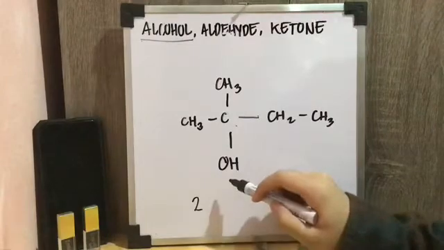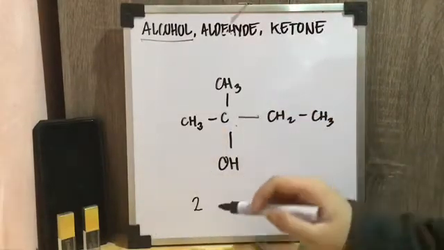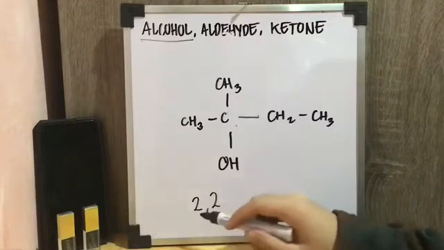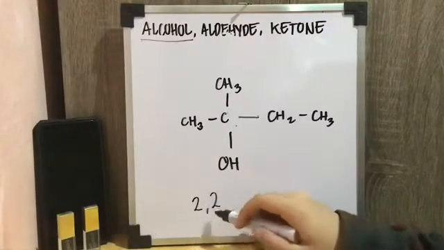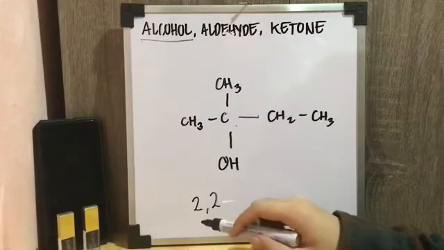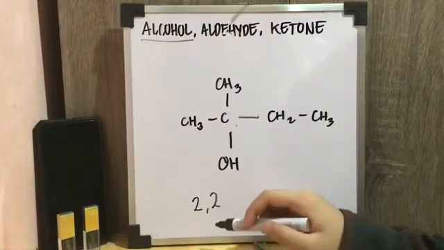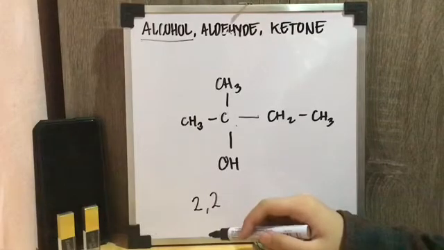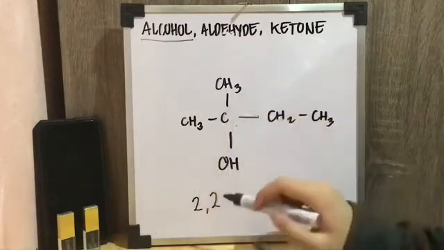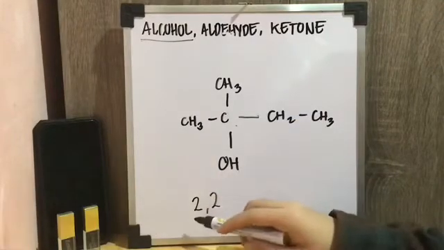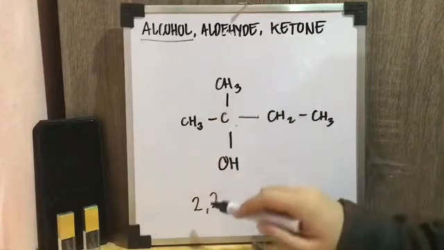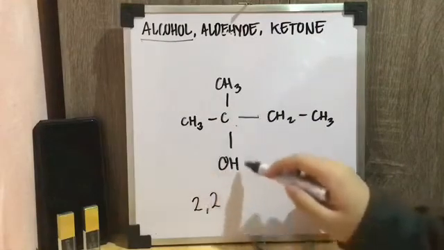But since both of them are connected to the same carbon, we will be repeating it to signify that there are two connections on the second carbon, because if you're going to be using only one, it will cause some confusion as to your naming. So since both attachments are connected to the second carbon, you will be using 2 to signify the first one and another 2 to signify the second attachment.